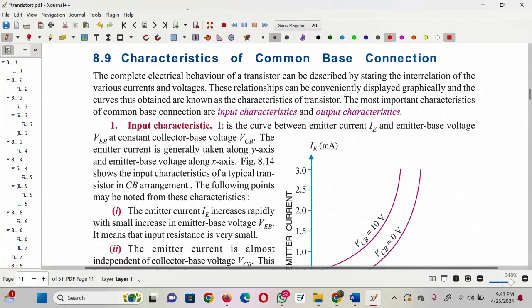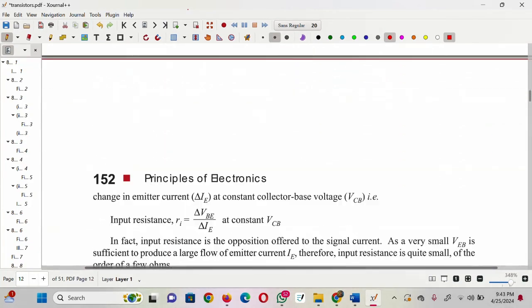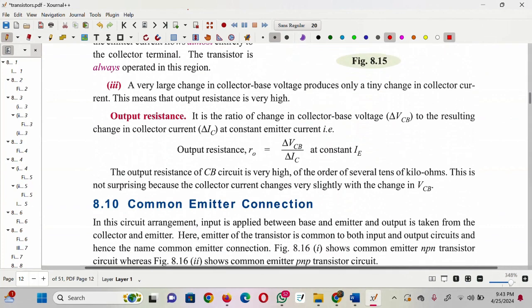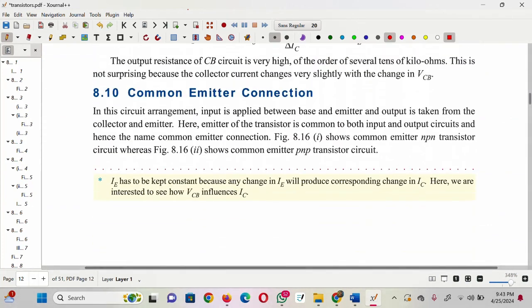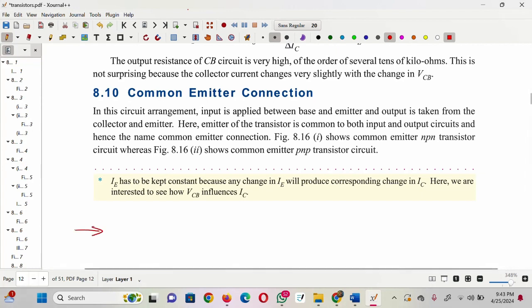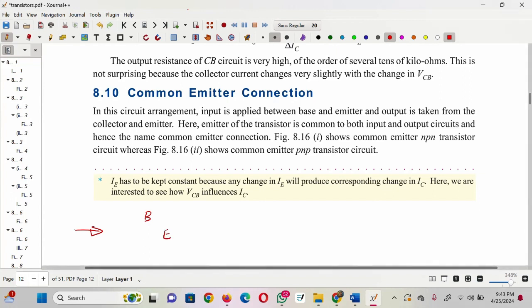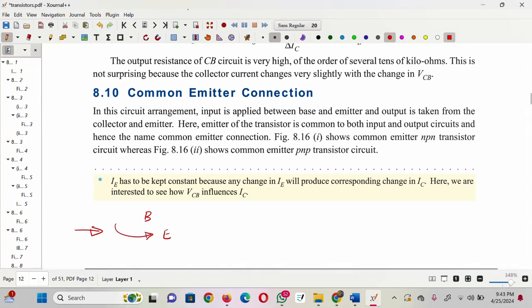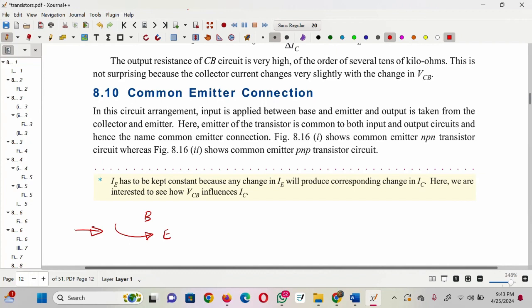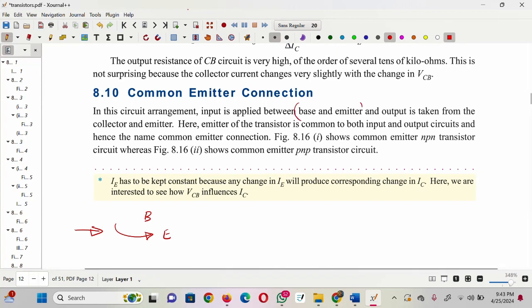Already I told you what common means. In common base, common emitter, and common collector, everything is very simple. See here in the circuit arrangement, the input is applied between base and emitter.